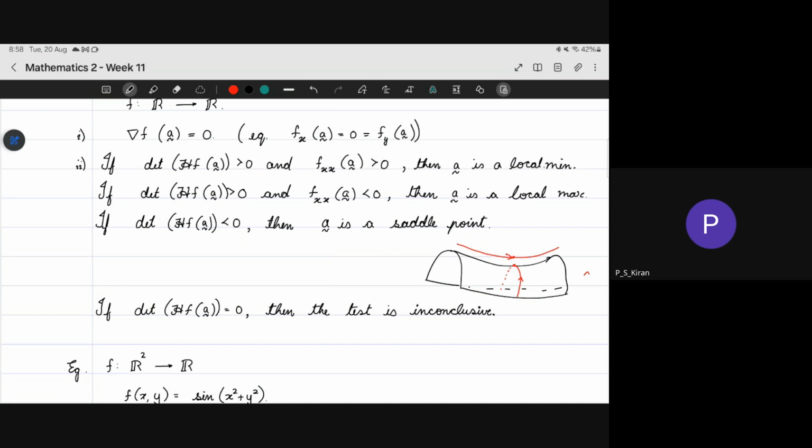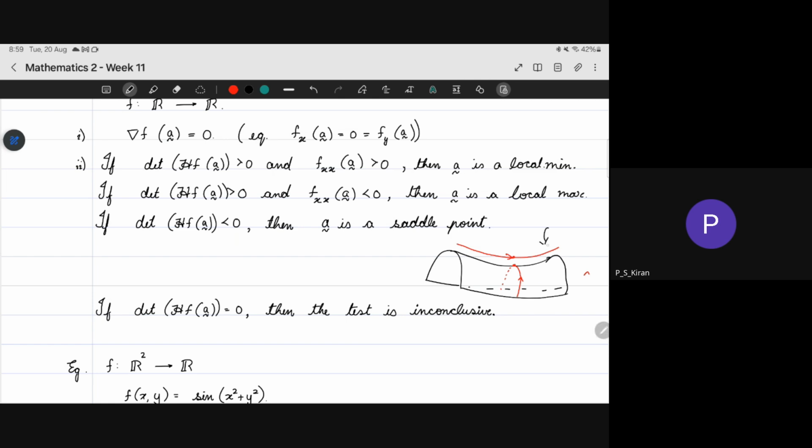Like these two red lines that I've drawn on the surface of the graph of some function. I don't know the exact formula that would give this as the graph, but if you have a function whose graph is this, do you not see that there are two directions? One in which it is a minimum and one in which it is a maximum. You can see that, right?